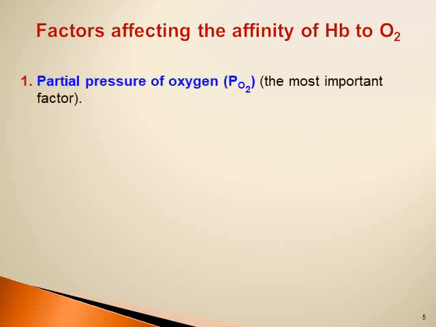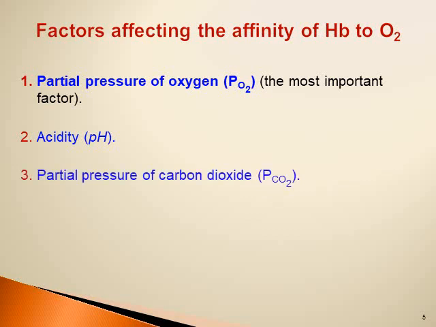So the factors: number 1, the partial pressure of oxygen in the blood, and this is the most important factor that determines the affinity of hemoglobin for oxygen. Number 2, the acidity of the blood or the peripheral tissue, or the pH. Number 3, the partial pressure of carbon dioxide.